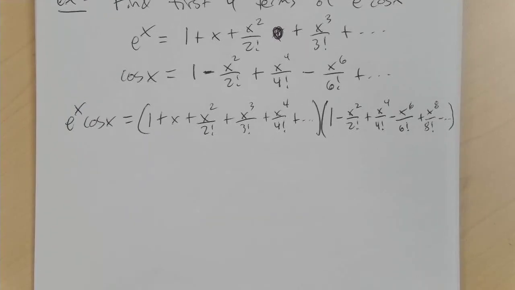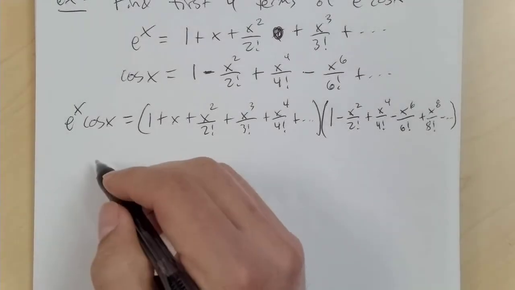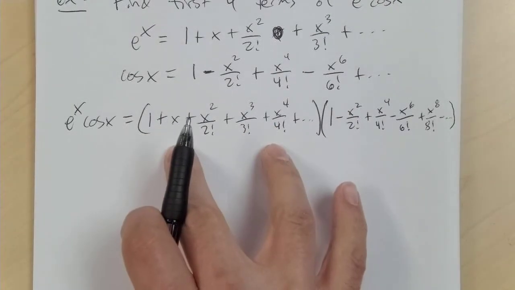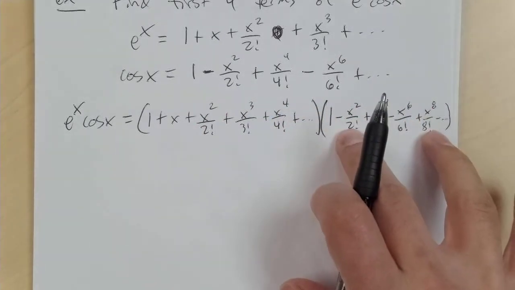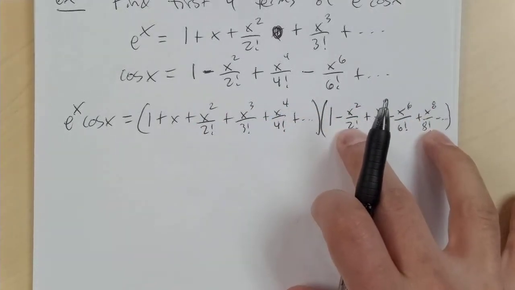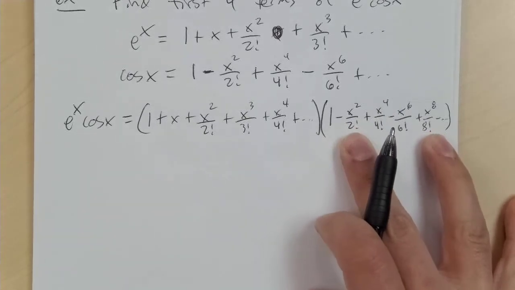Sorry about that, guys. Okay, continuing. So we're doing e to the x cosine x, and we're going to multiply the e to the x expansion with the cosine x expansion. But again, all we care about are the first 4 terms.